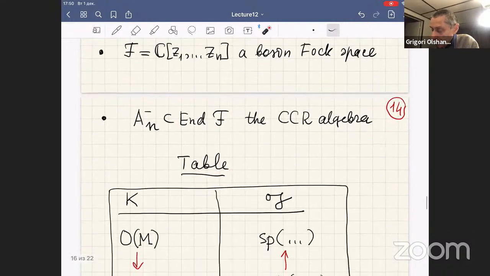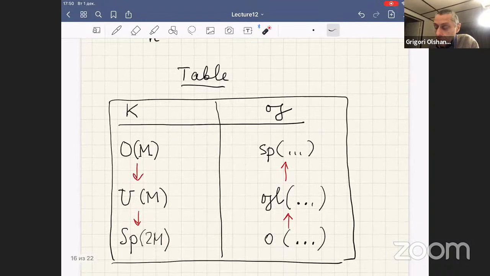Here is some table. What is K? Orthogonal group, which is embedded into the unitary group, which in turn is embedded into the compact symplectic group. In the second column, we have a complex Lie algebra, which is symplectic.